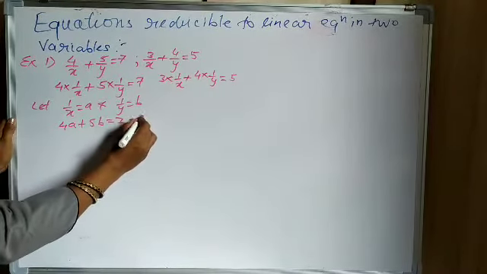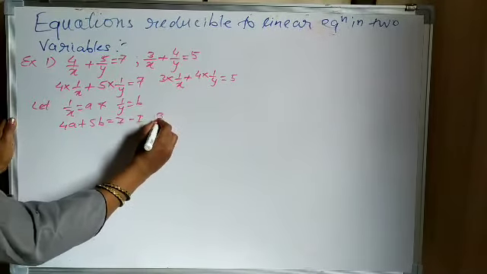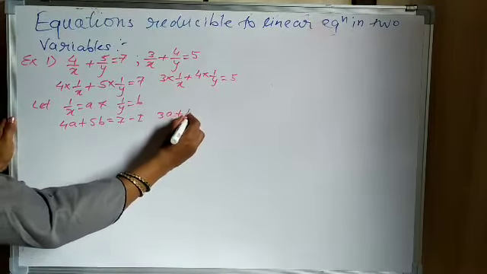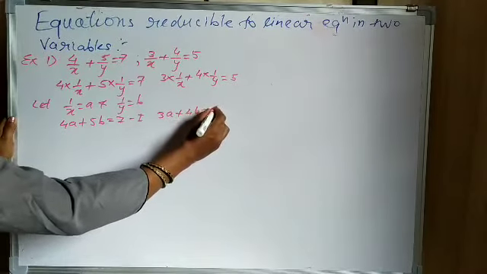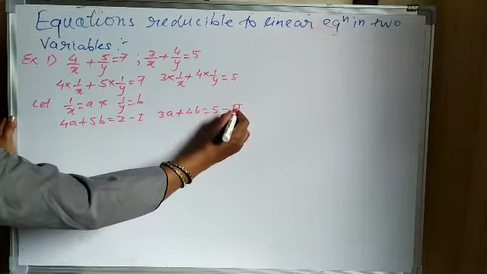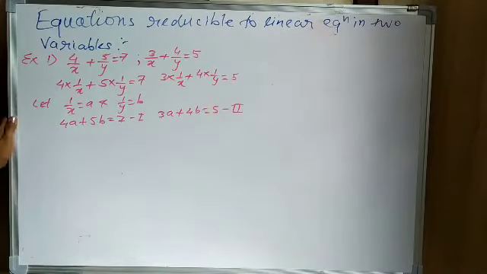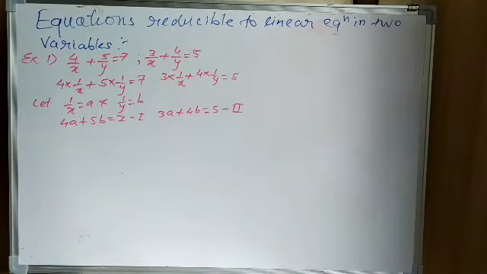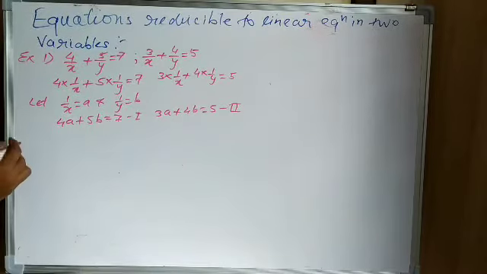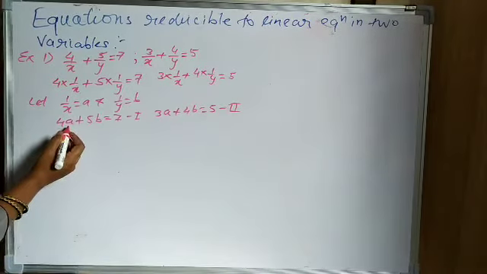This is equation number 1. Second one, 3a plus 4b is equal to 5. This is equation 2. Now observe these equations. The coefficient of a or b has to be made the same, or equated. So we will equate the coefficient of variable a here.